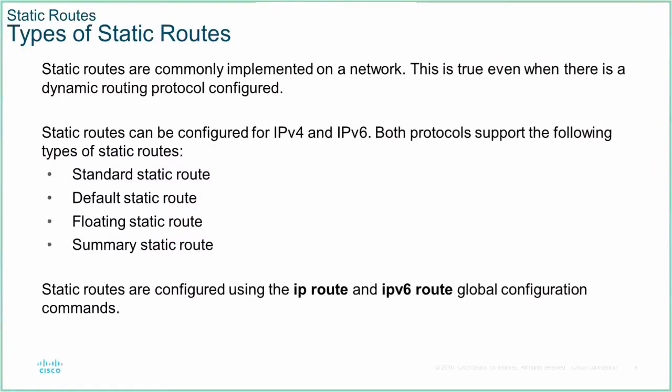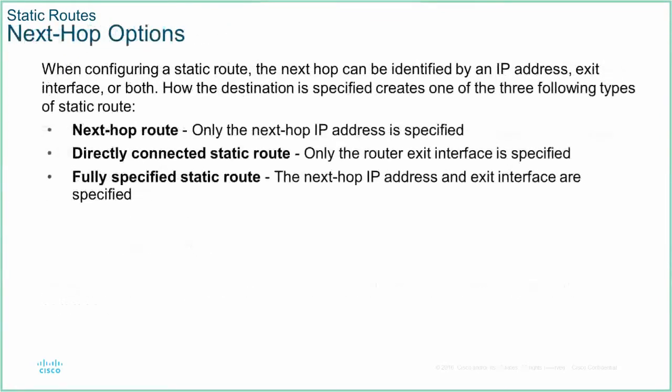So IP route or IPv6 route, and the syntax is basically the same, just the addressing form changes. So when we configure the address for the network we want to connect to, we point it to the next hop, which is the next device that has to handle the routing of the traffic.